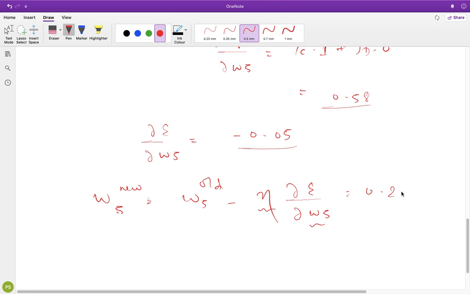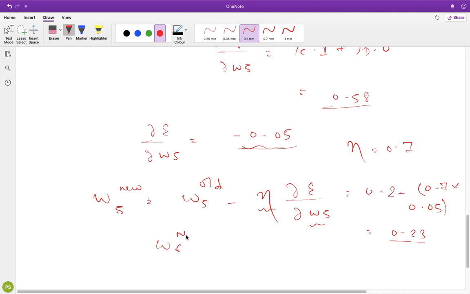That is 0.2, minus the learning rate. We assume the learning rate eta being 0.7 and multiply by the value which we have calculated. So when we multiply this value, it becomes 0.23.